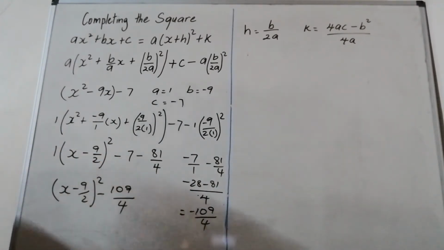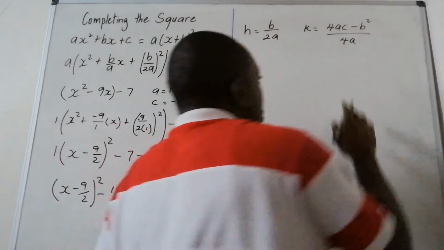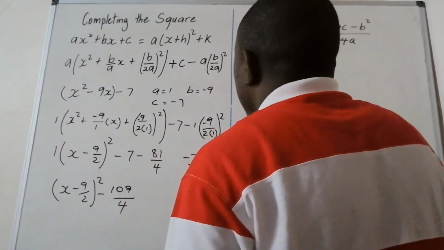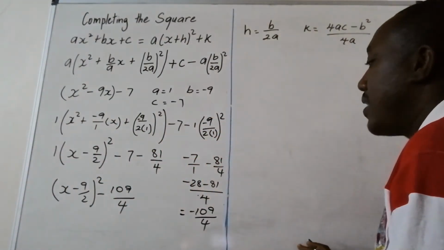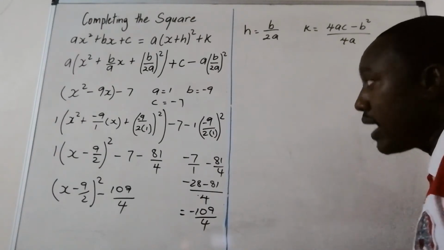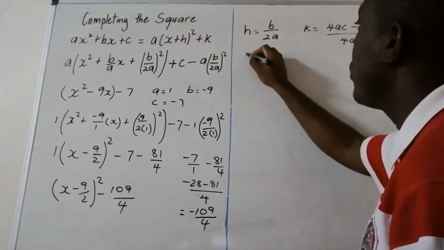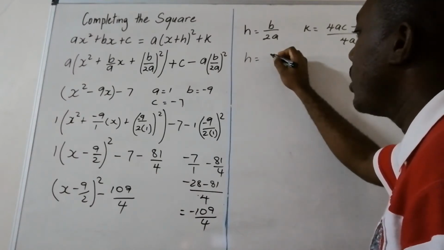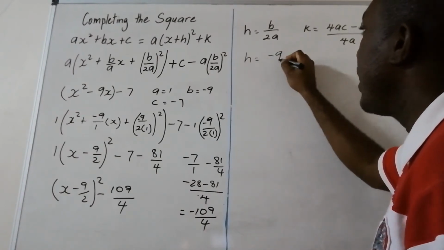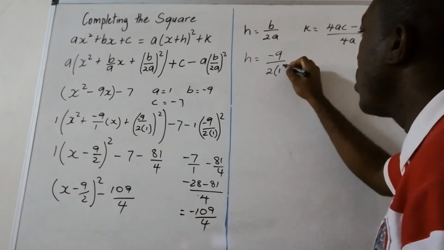Now let's check h and k using the formula to see if we will come up with the same answer. So h is equal to b over 2a, which is minus 9 over 2 times 1.